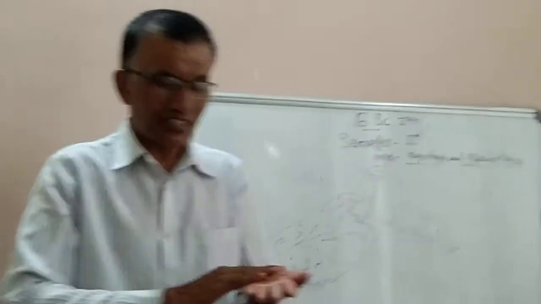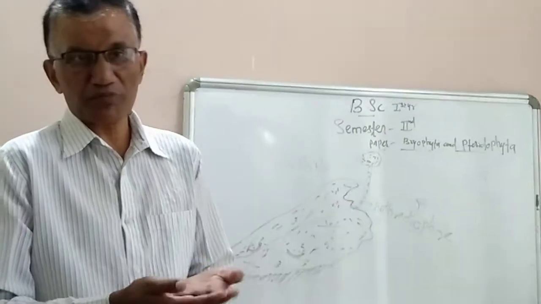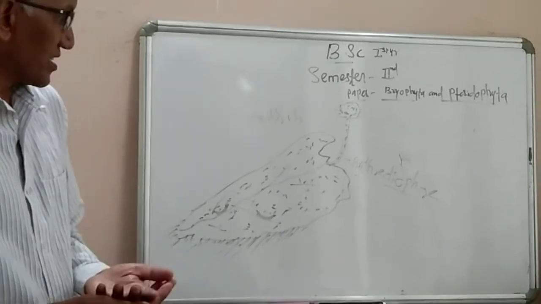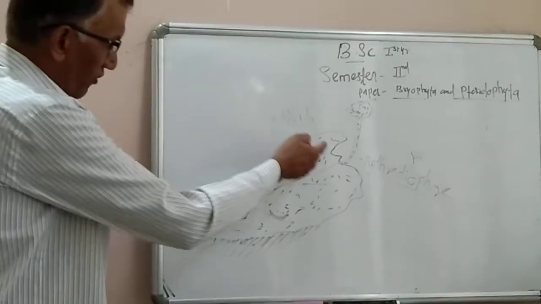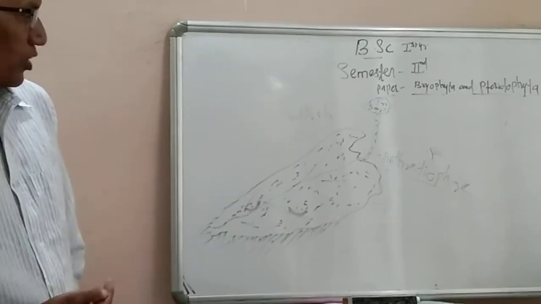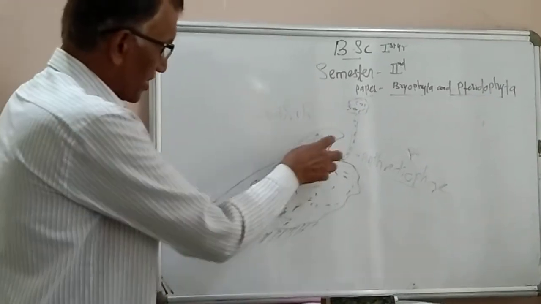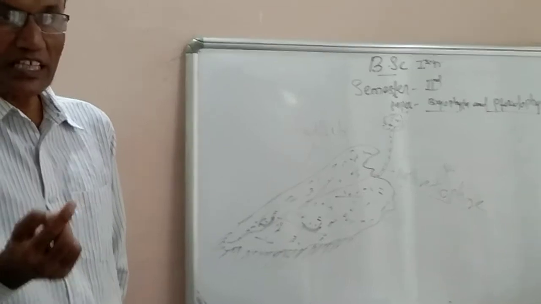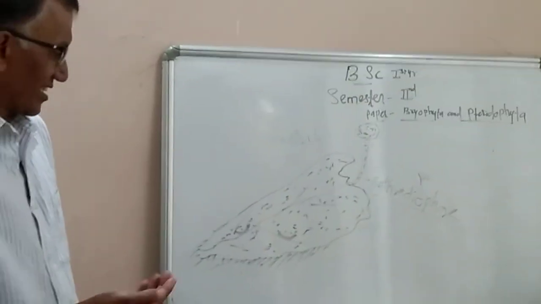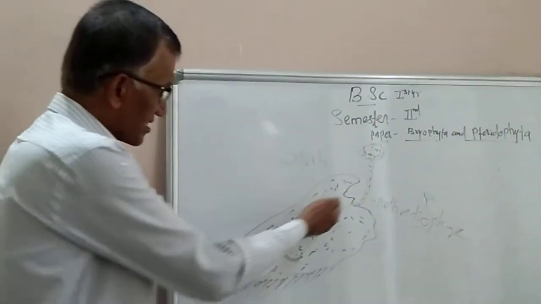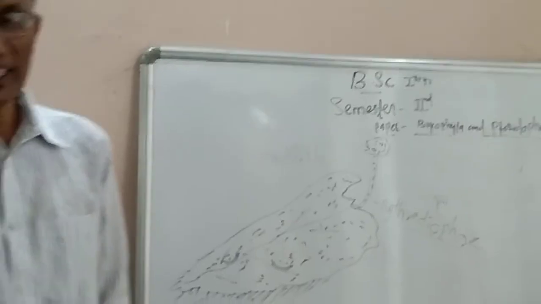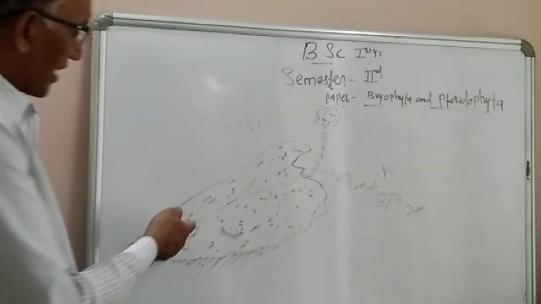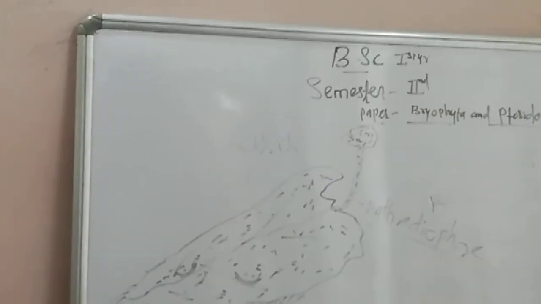Dorsiventrally differentiated means upper surface and lower surface. The upper one is the dorsal surface, the lower one is the ventral surface. While studying the plant body, you have to mention a dichotomous branching, dorsiventrally differentiated, small leaf-like flat structure with a centrally located prominent midrib and lateral branches.